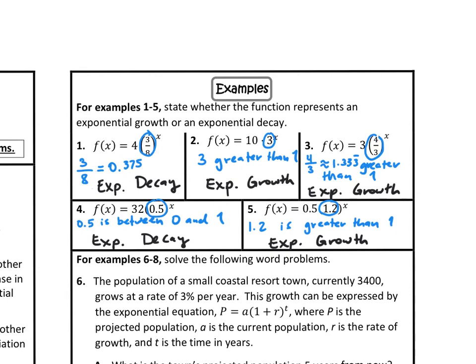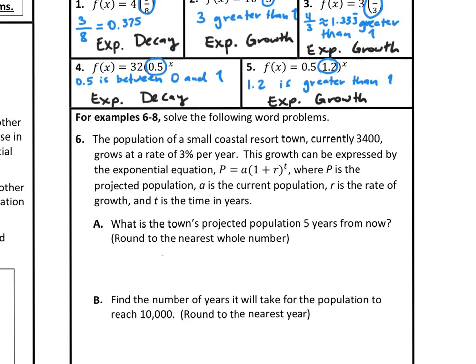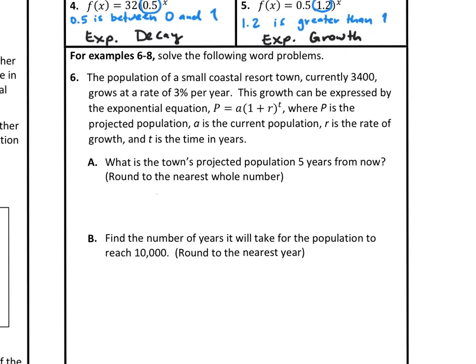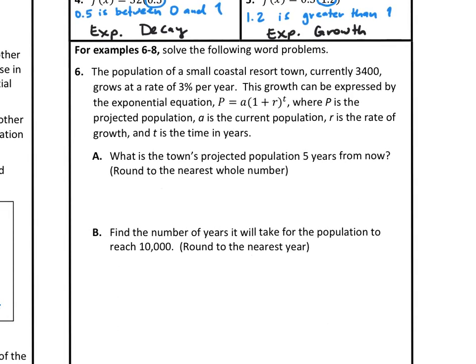Now, the next thing we're going to look at is 3 word problems, and we're going to see how to solve these. Okay. 3 word problems. This is number 6. It says the population of a small coastal resort town, currently the size of 3,400, grows at a rate of 3% per year.